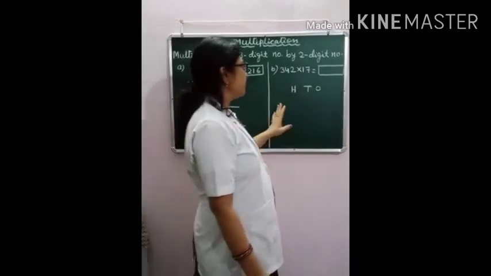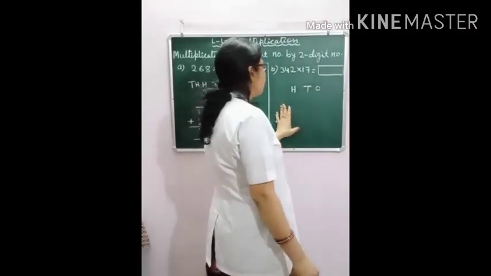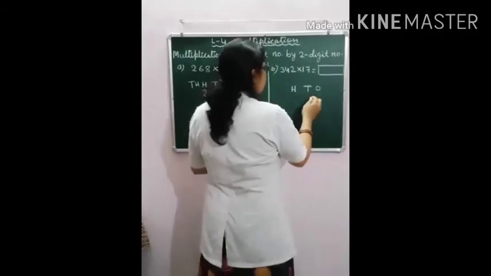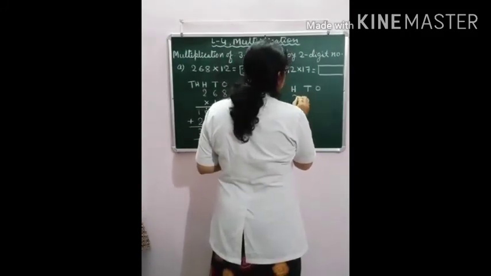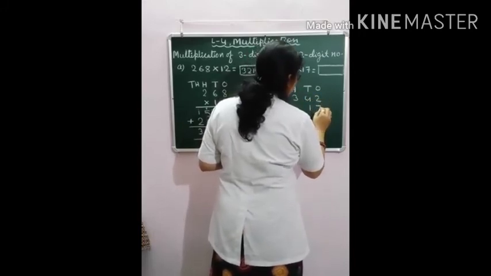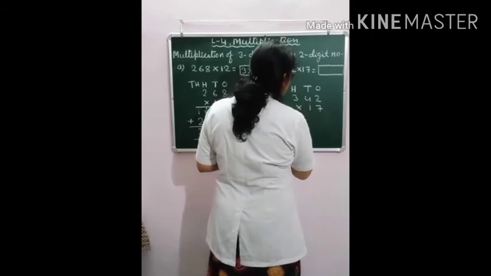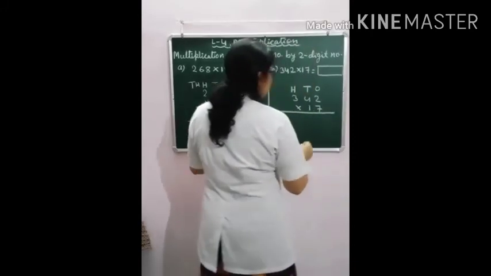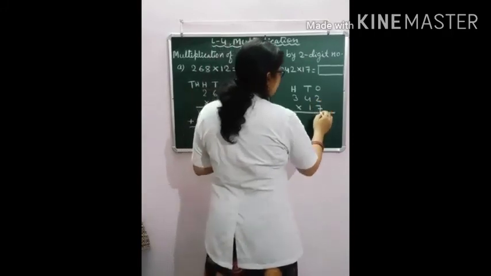Let's understand with another example. 342 into 17. Now arrange these numbers according to their places. Put the multiplication sign and start multiplying. 2 7s are 14.